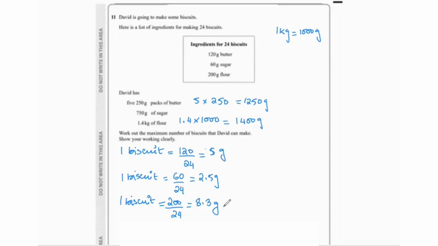So now to figure out the maximum number of biscuits that David can make, what we do is we divide the quantity. So for butter, we'll do 1250 divided by 5, which gives us 250. So we can make 250 biscuits using this butter.